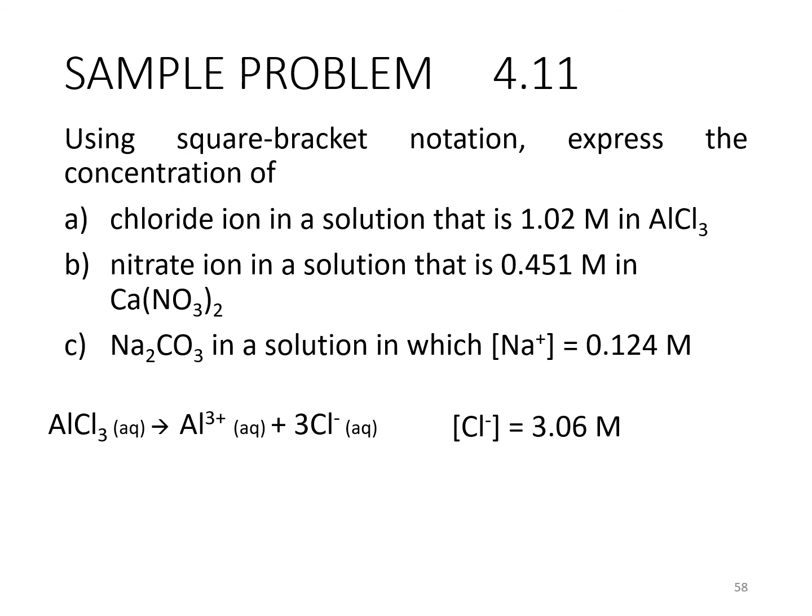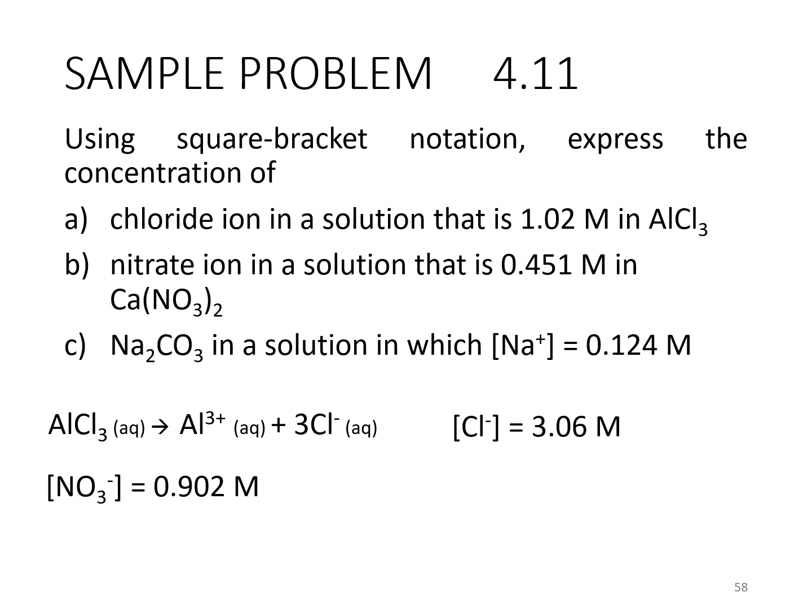We can do the same thing for B and C. So the nitrate ion in a solution that is 0.451 molar with respect to calcium nitrate would be the nitrate ion 0.902. So for every 1 mole of calcium nitrate, you're producing 2 moles of nitrate.